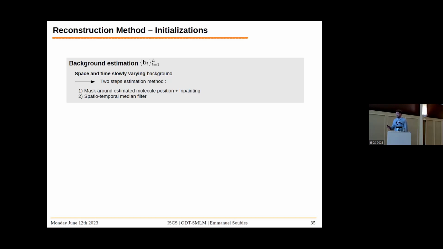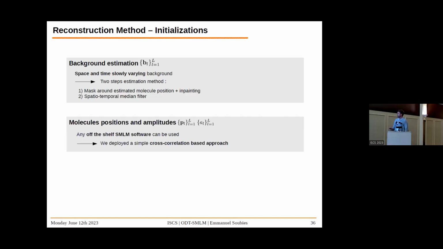Concerning the initialization, as the problem we are trying to solve is highly non-convex, we need to have a good initialization. For position and amplitude, we can use any single molecule localization microscopy software. In this case, we adopted a simple cross-correlation based approach.